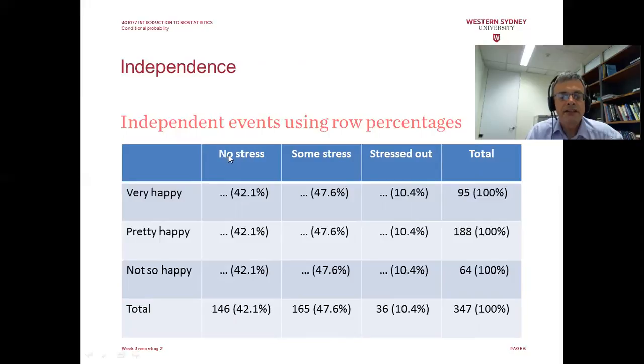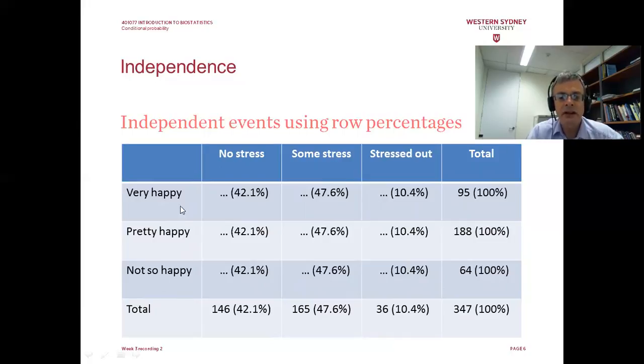If there is no relationship at all between whether a student is happy and whether a student is stressed, then if we're looking at the row percentages, we would expect the same proportion of students to be stressed out in the very happy group, as in the pretty happy group, as in the not so happy group.